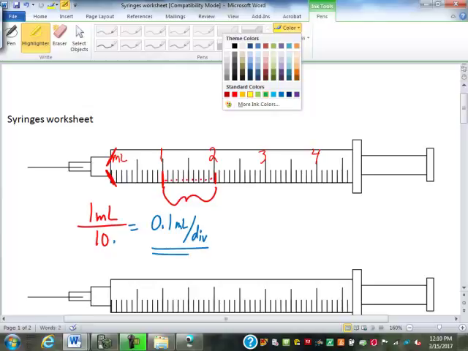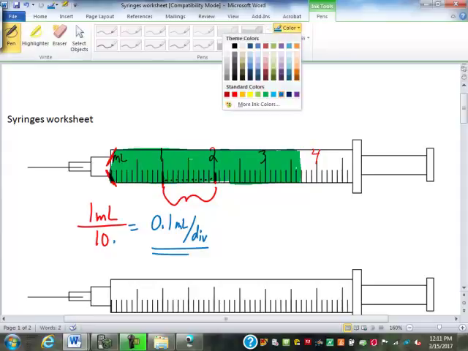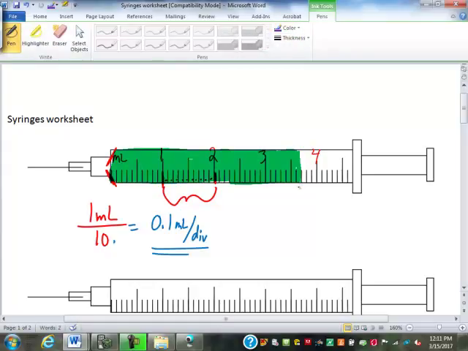So if that syringe gets filled up with a medication, like that, my coloring skills aren't much better than my drawing skills, unfortunately. To read what volume is in that syringe, there's where we're marked at.